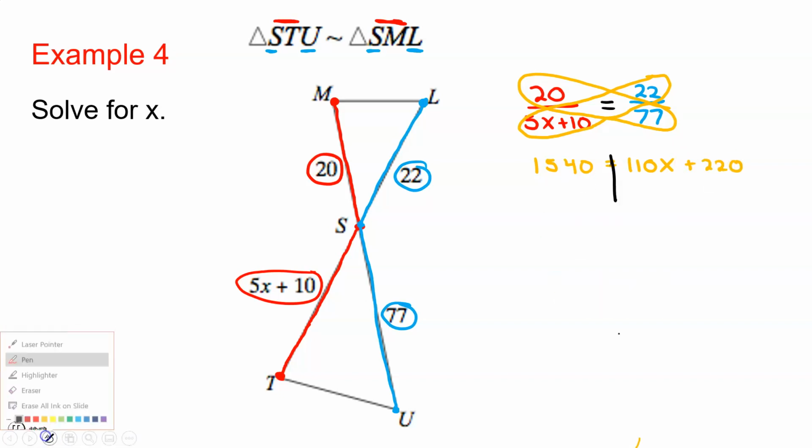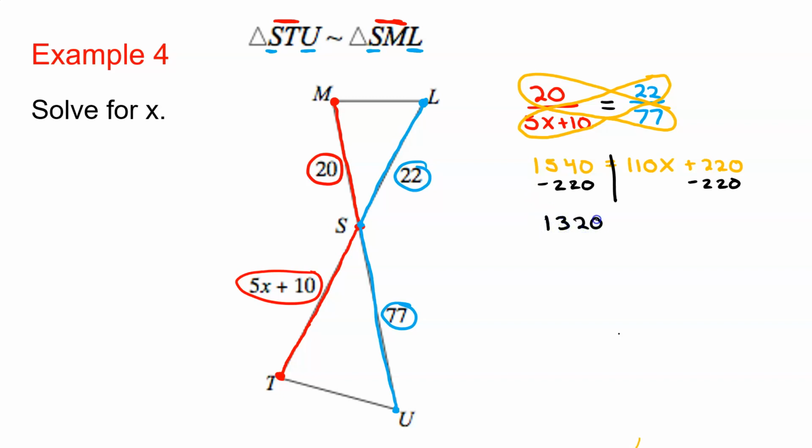All right, sorry, I made a little mistake here. So we do get 220. Now I do have to subtract that from both sides. 220 minus 220. Also do it to the left, minus 220. So what is 1,540 minus 220? That gives me 1,320 is equal to 110x.